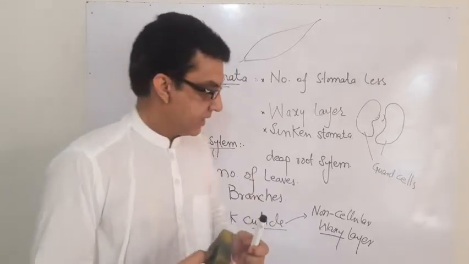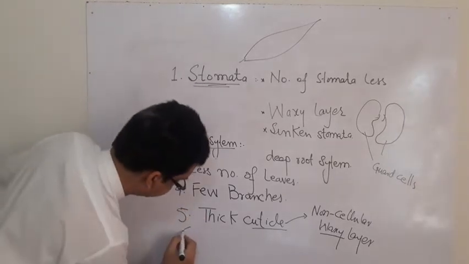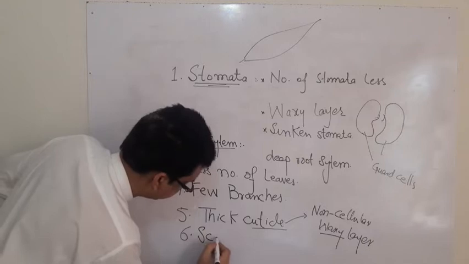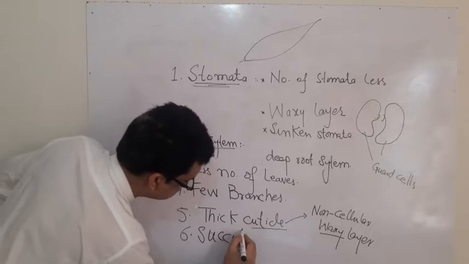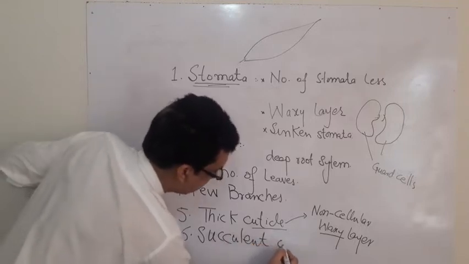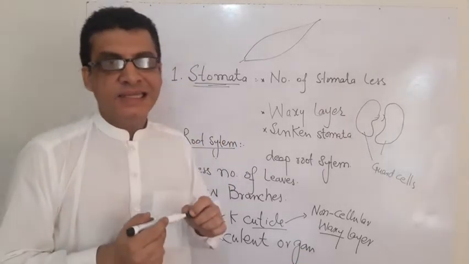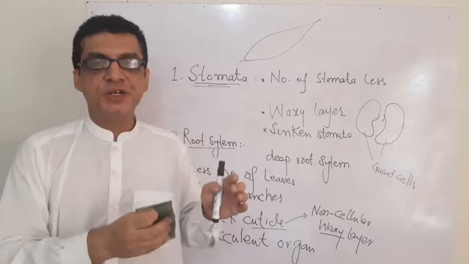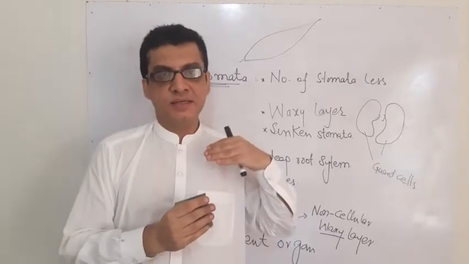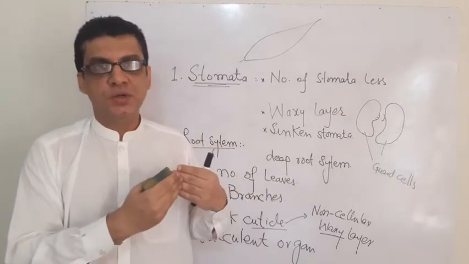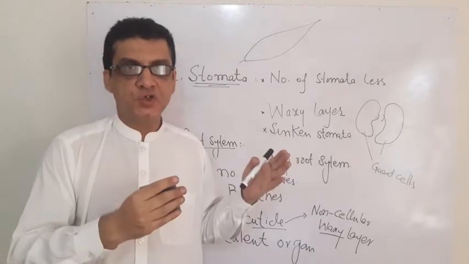The next character is a succulent organ. In this plant there is a special tissue, a storage tissue, a bulging swollen tissue where water is stored.